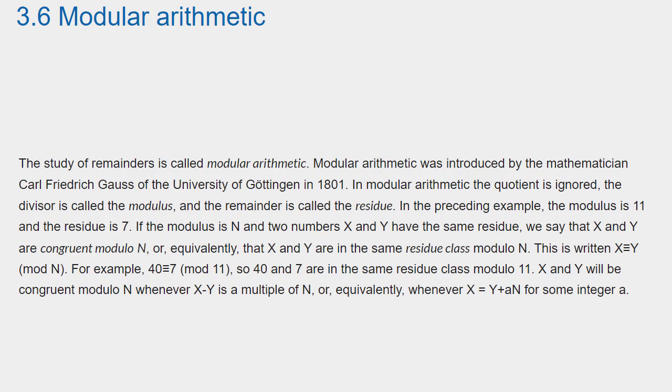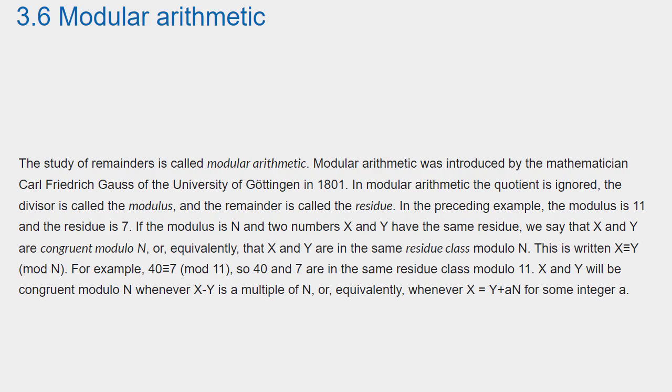If the modulus is n and two numbers x and y have the same residue, we say that x and y are congruent modulo n, or equivalently that x and y are in the same residue class modulo n. This is written as x is congruent to y mod n.